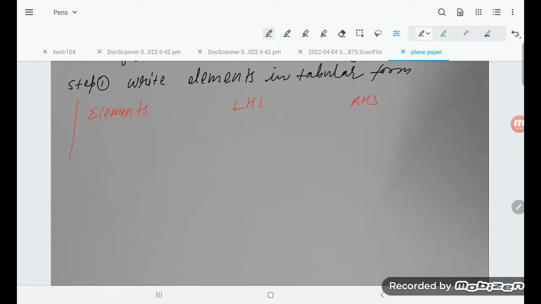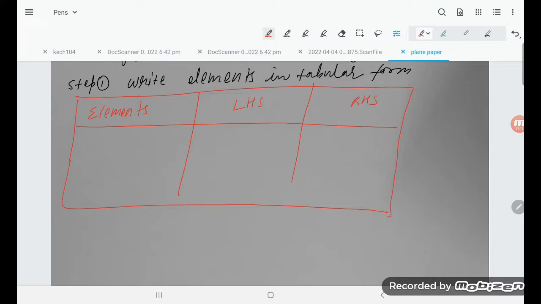LHS means left hand side, which is the reactant, and RHS means right hand side, which is the product.